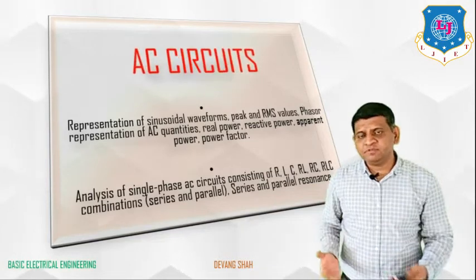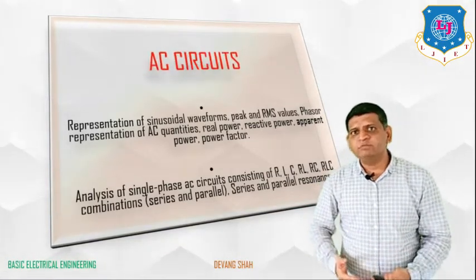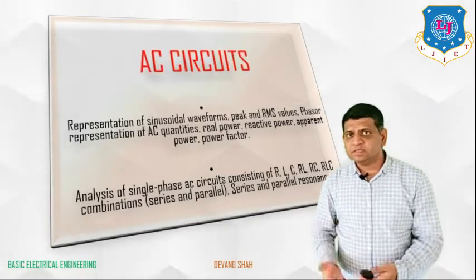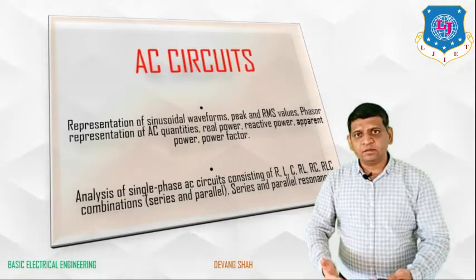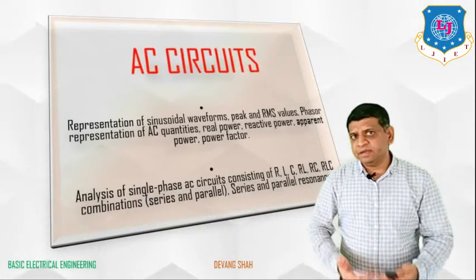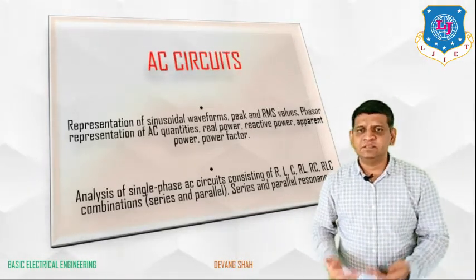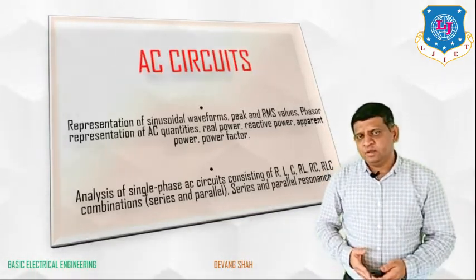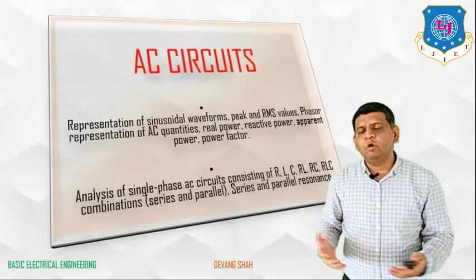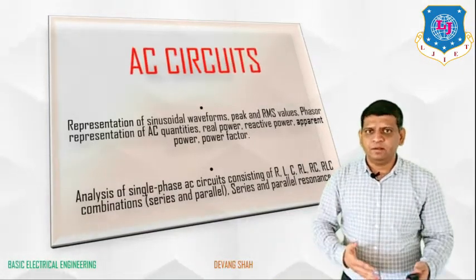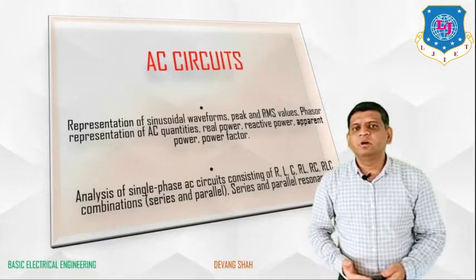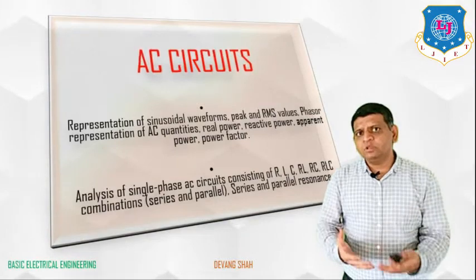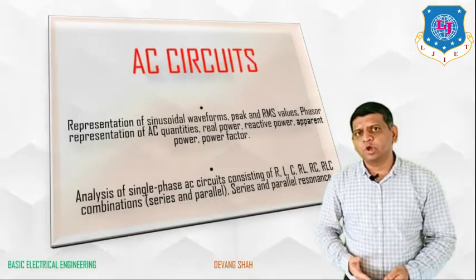In another phase, we do analysis of single phase AC circuits using only resistance, only capacitor, only inductor, then a combination of resistance and inductor, resistance and capacitor, and resistance, inductor and capacitor. We connect all three components in series and parallel, and study what happens at the resonance condition of series and parallel RLC circuits. Throughout the chapter we are going to learn all these topics.